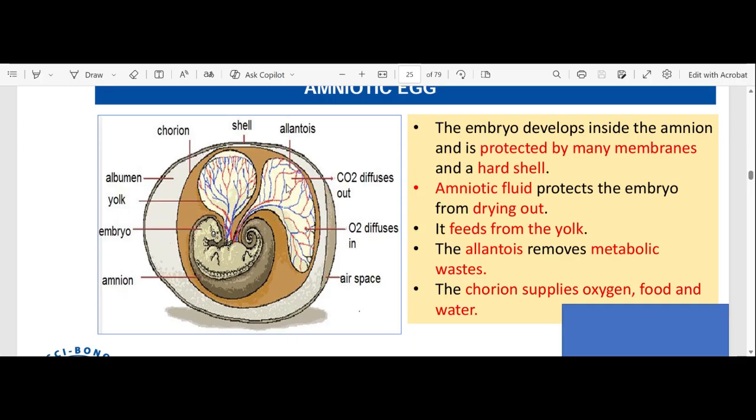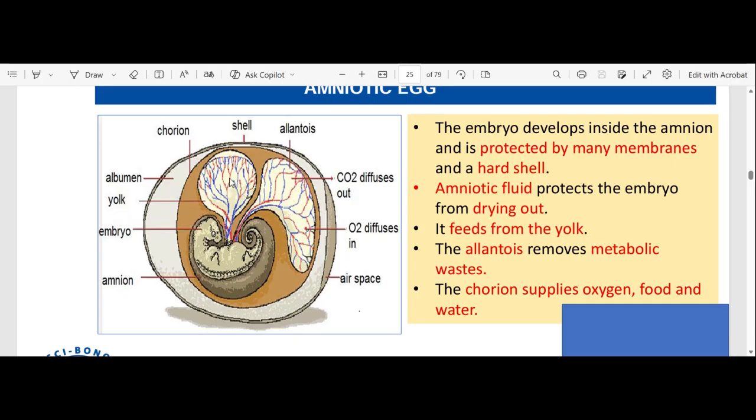And the next membrane is your allantois. This bag-like structure is called the allantois. What's the function of the allantois? It stores waste. And the second last one is your yolk sac. You can see the difference in size and shape, because I know that a lot of people might be confused between the allantois and the yolk sac.